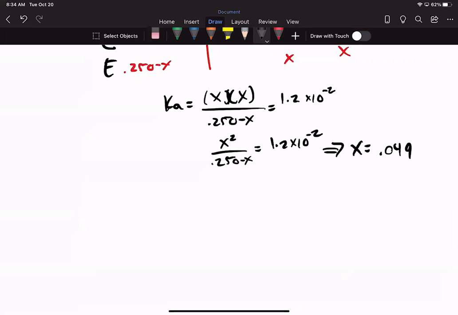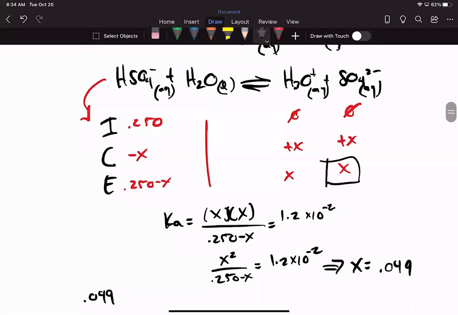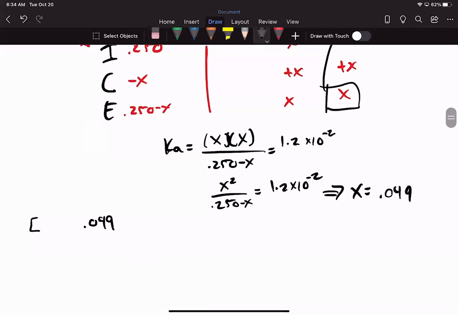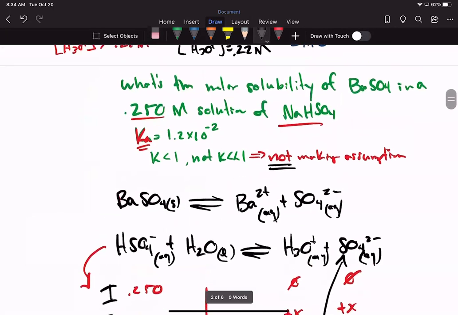I use the solver on my calculator here. But if not, we have to recognize that you do have to use the quadratic formula for that. All right, so 0.049 is x, so we now know that the concentration of our common ion here equals 0.049 molar.